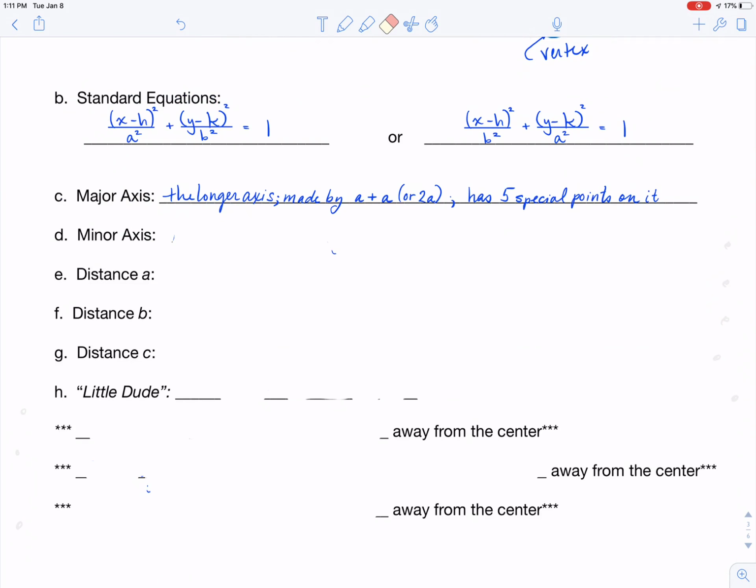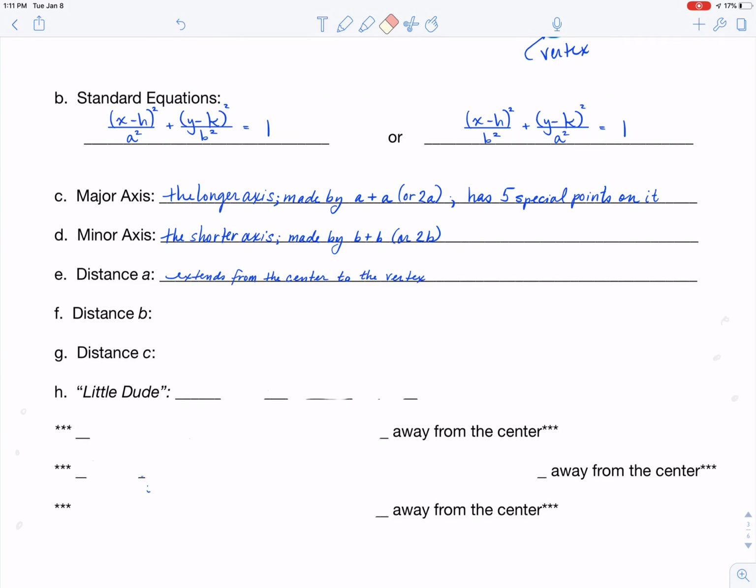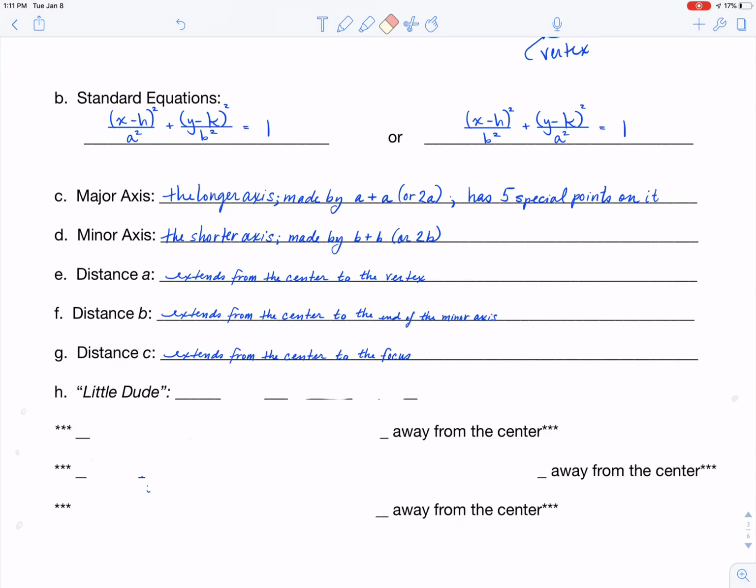The minor axis is going to be the shorter axis, and it's made up of 2 b's. Distance a is always going to extend from the center to the vertex. Distance b always extends from the center to the end of the minor axis. Distance c always extends from the center to the focus.